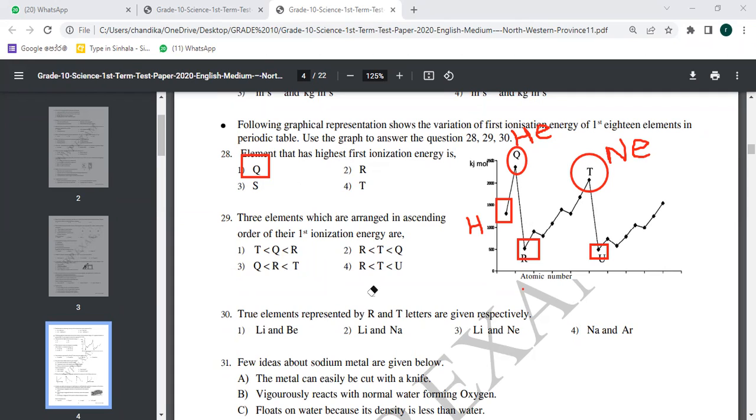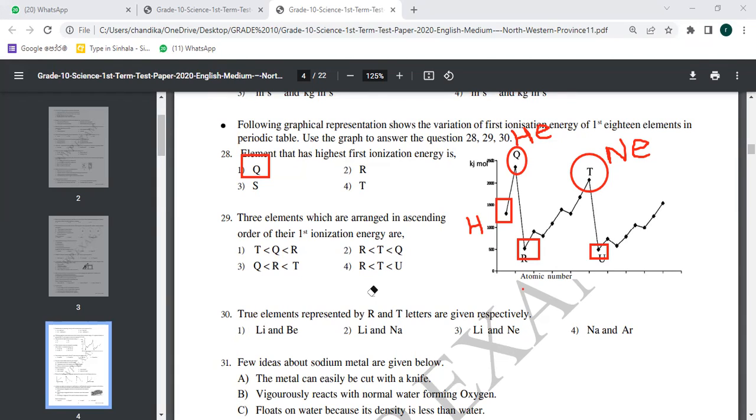Three elements which are arranged in ascending order of the first ionization energy are... So what is the second one? Any other answer? Different answer?